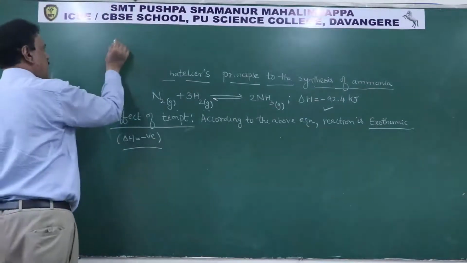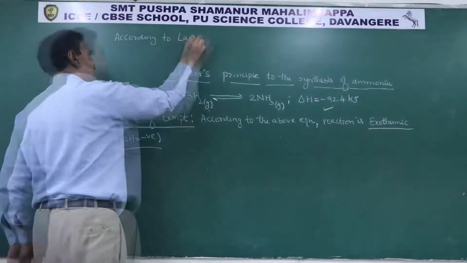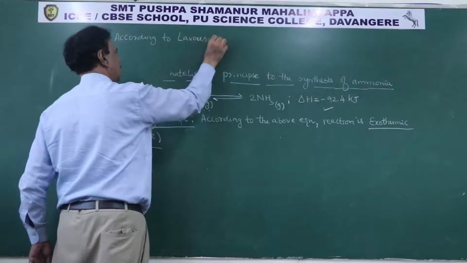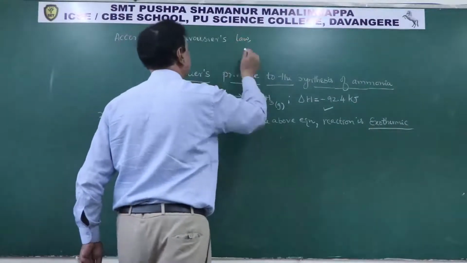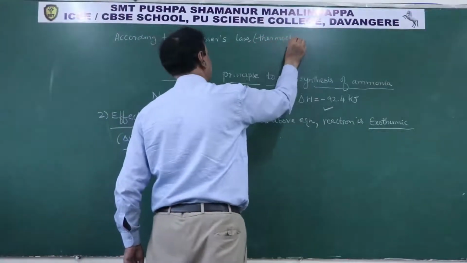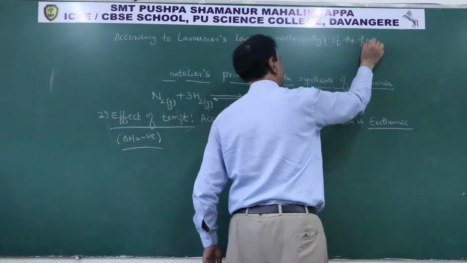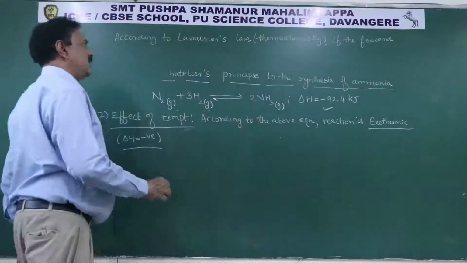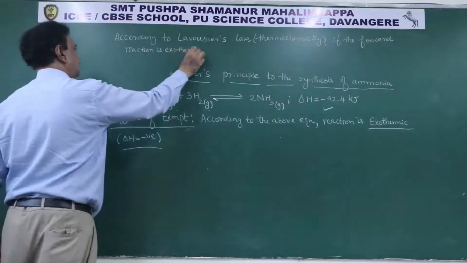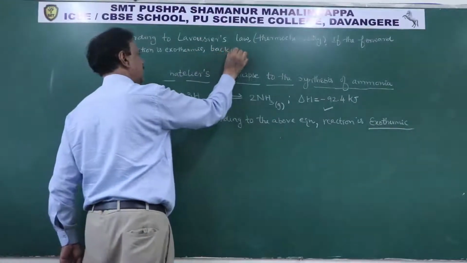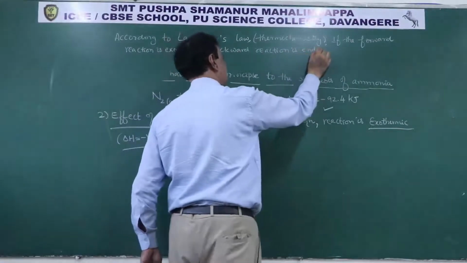According to Lavoisier's law in thermochemistry, if the forward reaction is exothermic, the backward reaction is endothermic.